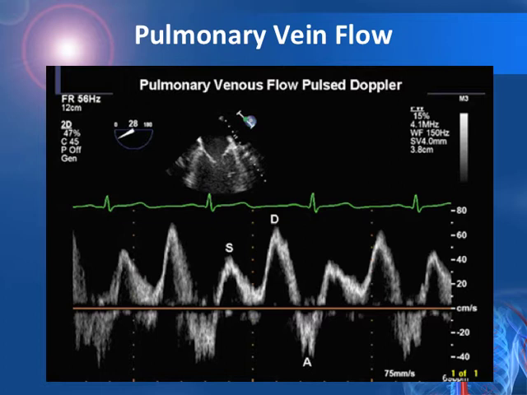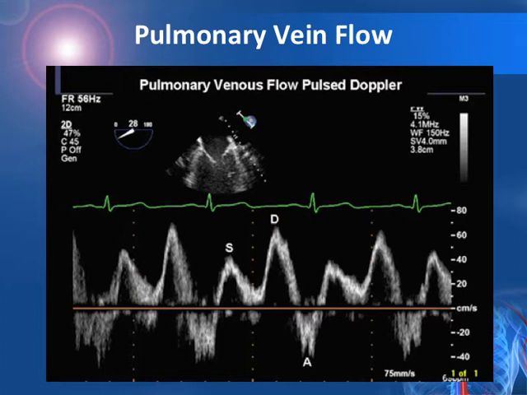This is caused, again, by the deformation of the left atrium by systolic motion of the mitral annulus towards the apex. As the annulus descends, it deforms the left atrium, creates negative or significantly decreased pressure in the left atrium, and that promotes the flow from the pulmonary vein into the left atrium. That's what the S wave is.